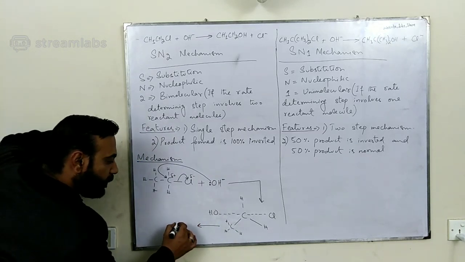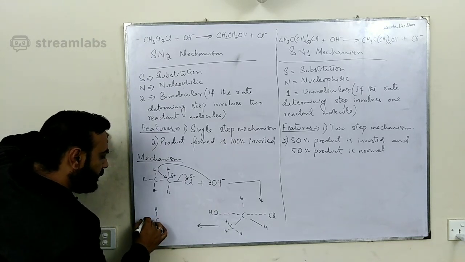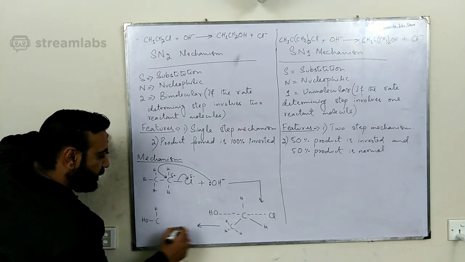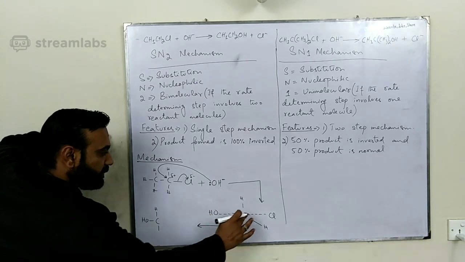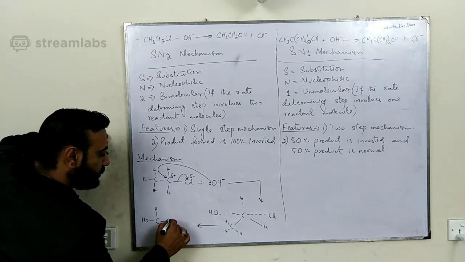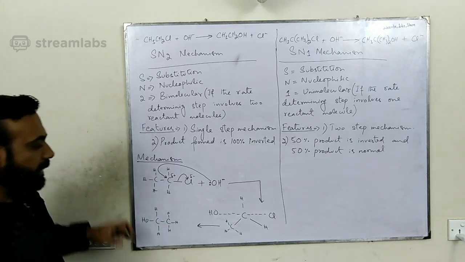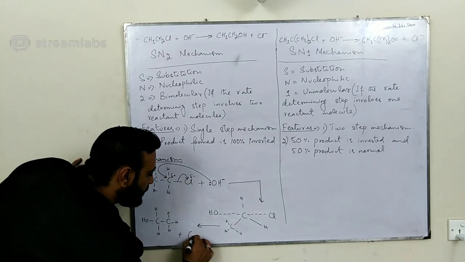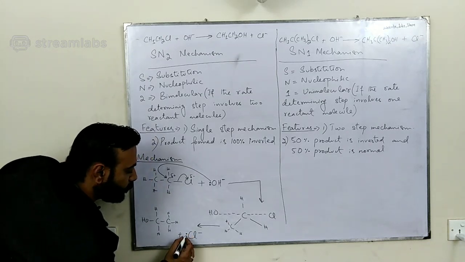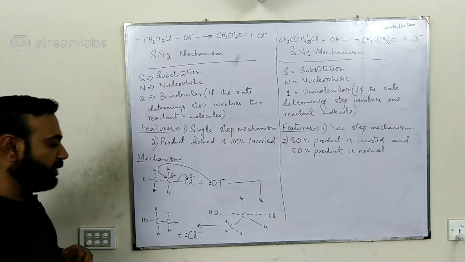And now what happens is that this carbon atom forms that bond with oxygen which was being formed right here, and the bond with this Cl is broken off, and Cl negative chloride ions are being produced. Again, I want to show chloride ions as the nucleophiles, so I have to draw this lone pair of electrons.